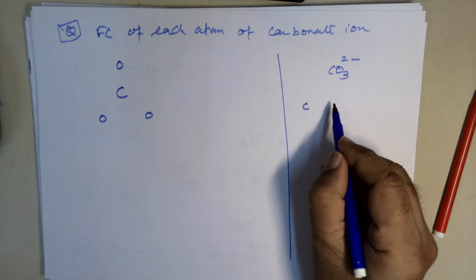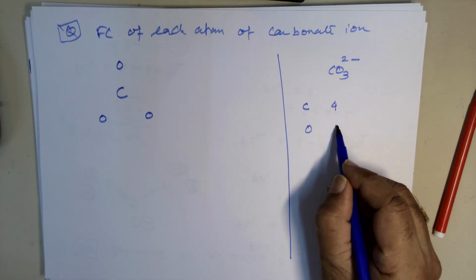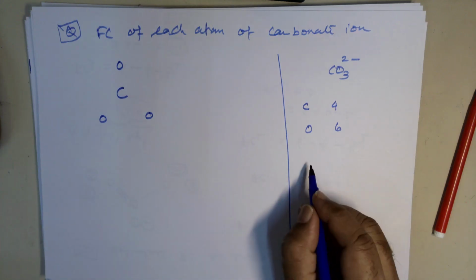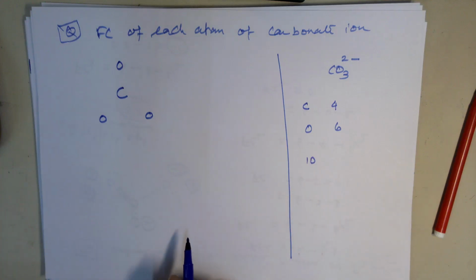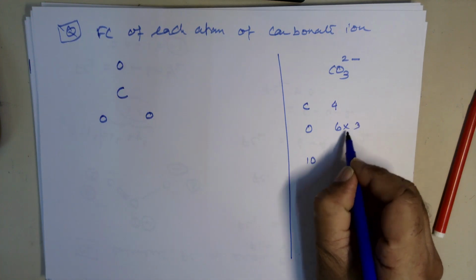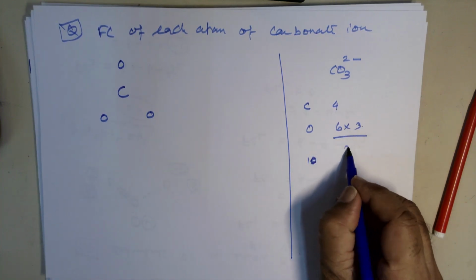For carbon it is 4 and for oxygen 6. So you have to account for the total electrons. 6 plus 4 is 10 electrons, and there are 3 oxygens, so 3 into 6 is 18, giving 22 electrons.